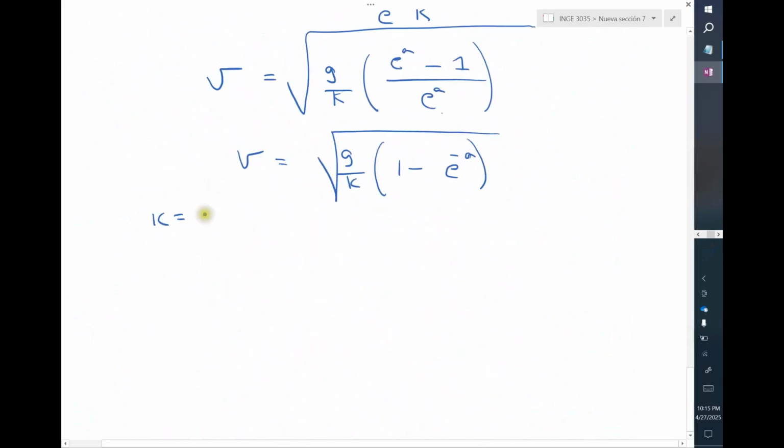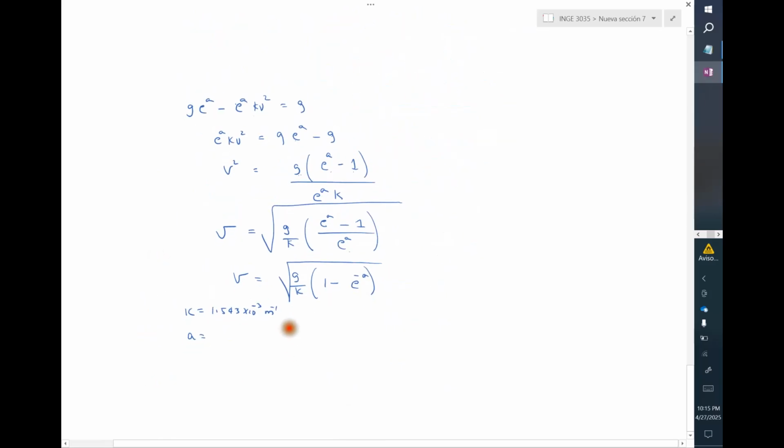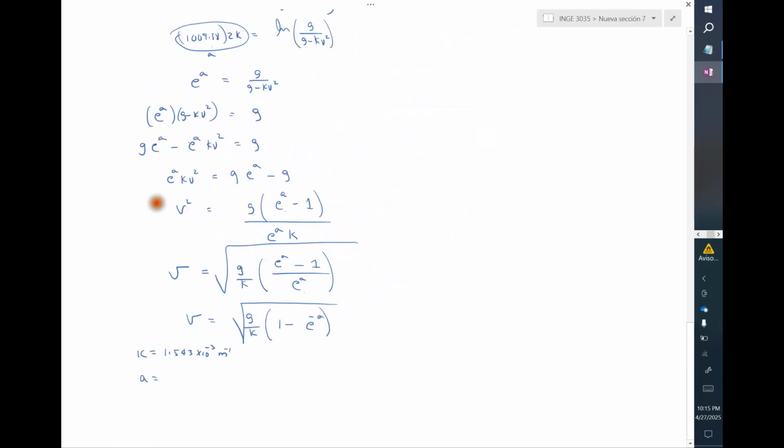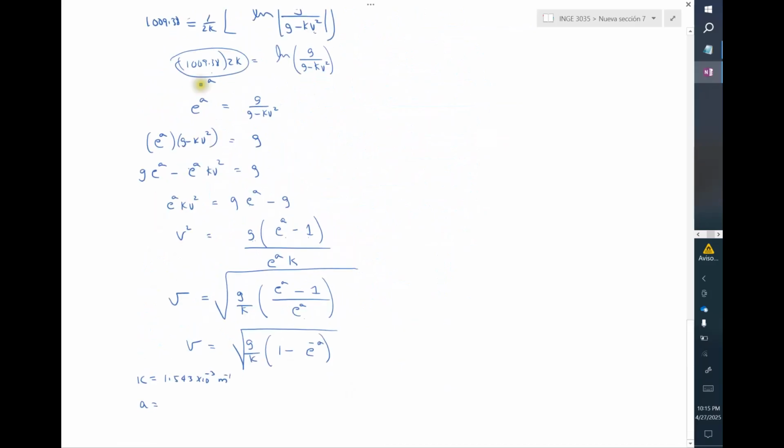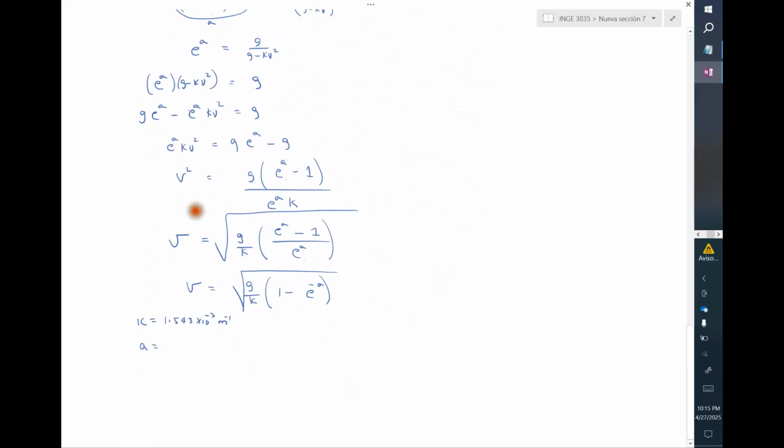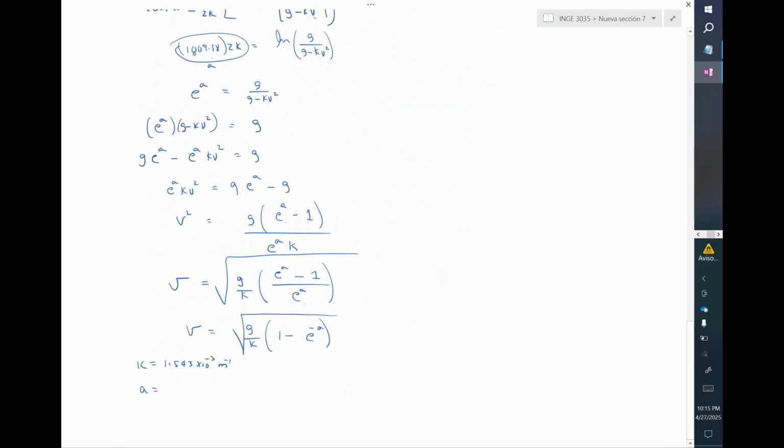So k is 1.543 times 10 to the minus 3 meters to the minus 1. And then what is letter a? Letter a is here, just to make life easier. Letter a is 1009.38 times 2 times k.